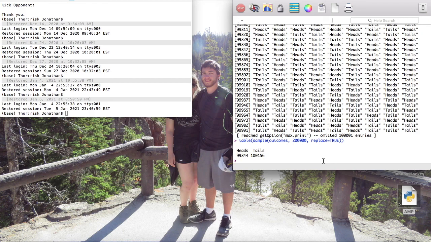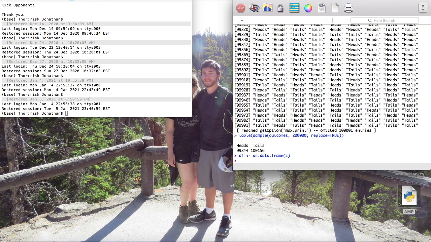Okay, and then the last thing that I'm going to do is give a plot of these results. In R, you can import certain packages.